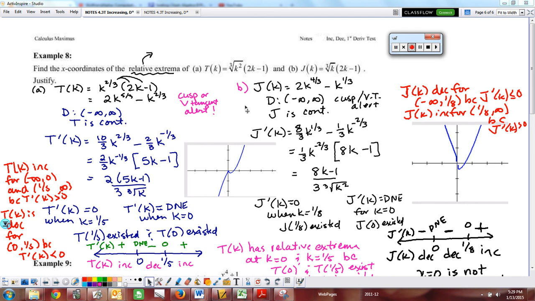When we get to section 4.6, which is going to be on the exam, one of the skills is for you to actually sketch the graph given the information from the derivative that you're finding here, and that's sketching it without a calculator. So I would like you to go back now and graph them on the calculator and make that comparison so that you can have a heads up of where we're going in section 4.6.